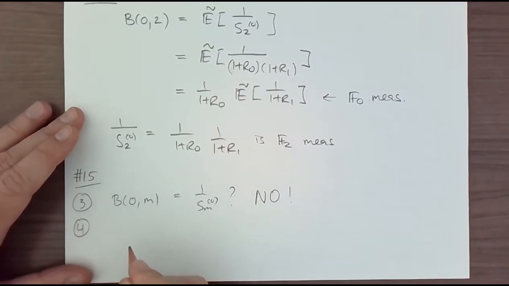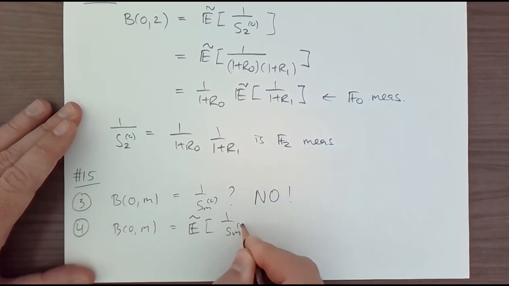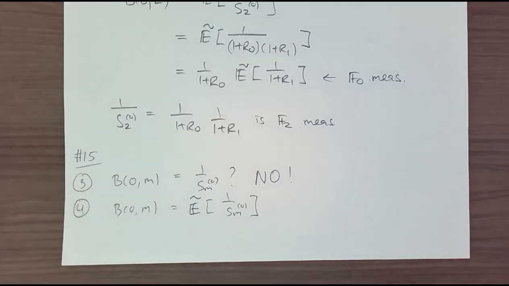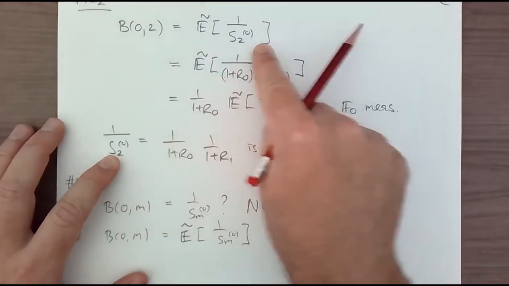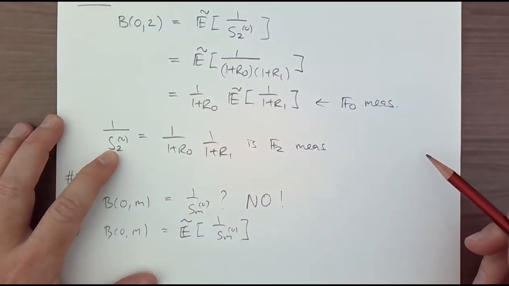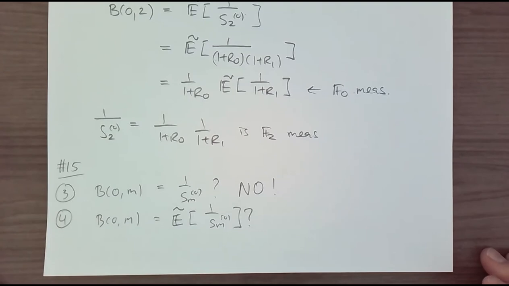What about question number 4? Do we have that B0M is always equal to its expectation of 1 over SM0? Well, then you take what you have here. Is it true that that one carries over? So is that true? Remember the definition.